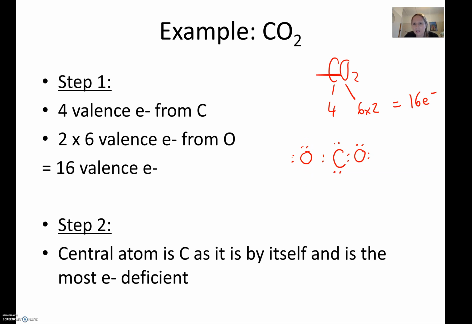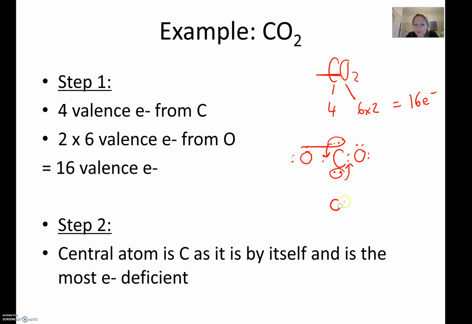So we've run out of electrons, and therefore we need to have a multiple bond. So what happens is these electrons from here come down and create a multiple bond, and these electrons from here come down and create a multiple bond.